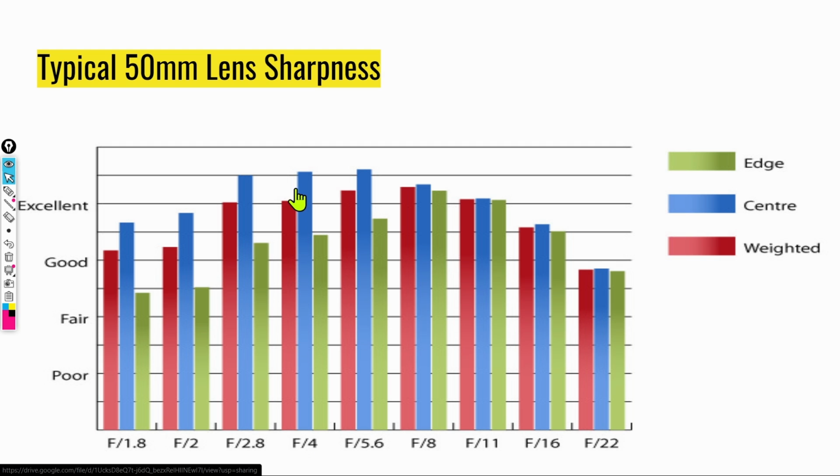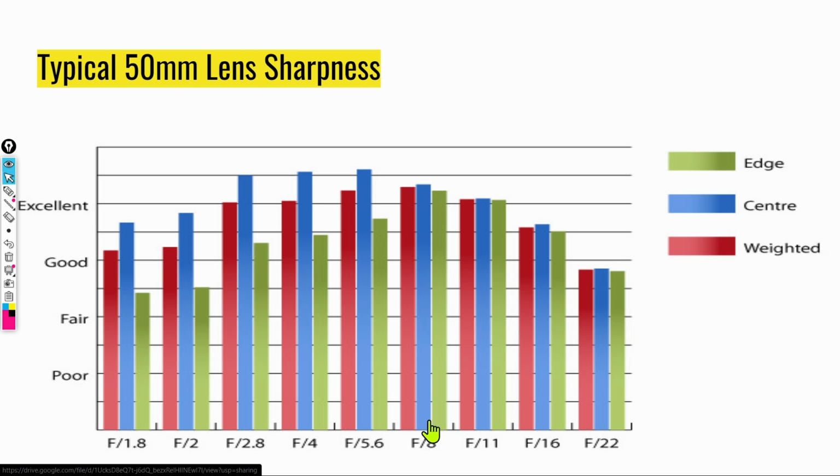When we stop down, you can see the sharpness in the center goes way up, and there's also a good improvement in the corners of the image, the green area here. Then going to f5.6, a tiny bit more on both the center and the corners. But look at f8. f8 is where we have the corners at their sharpest, and we also have very good sharpness here in the center.